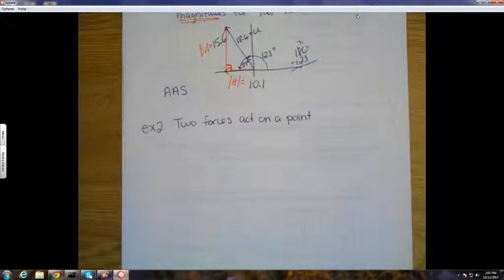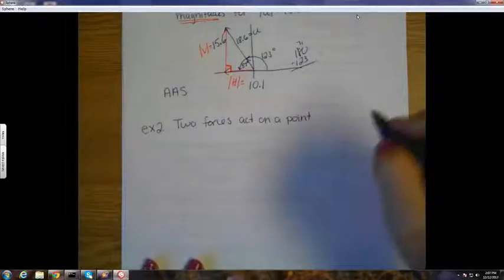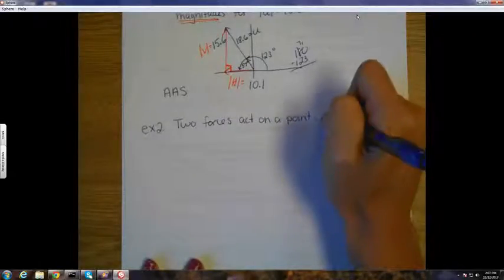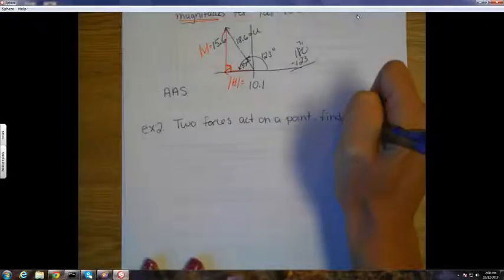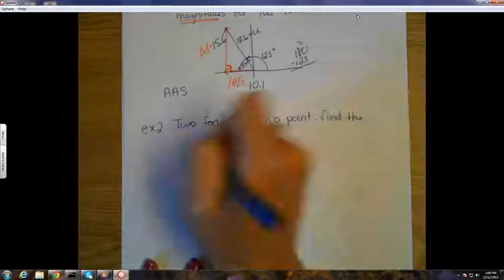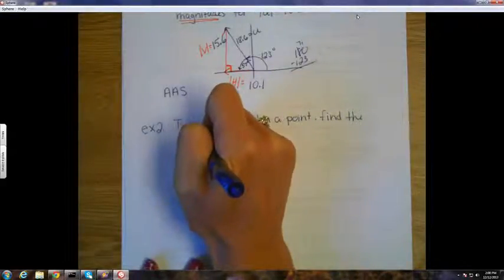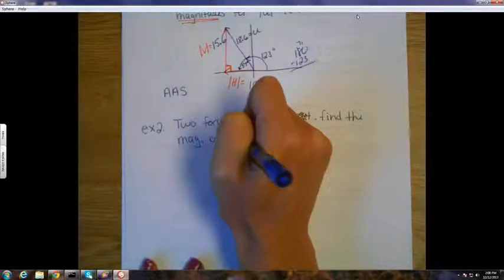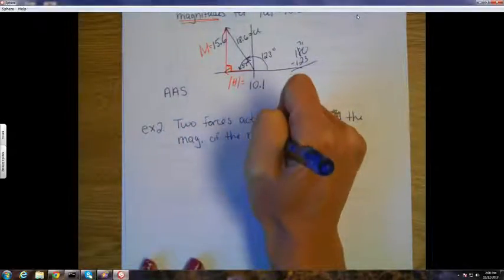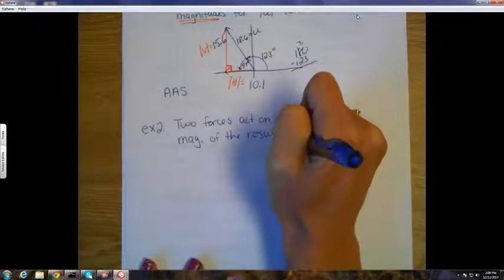So the two ropes pulling are the forces acting on a point. Find the magnitude of the resultant force.